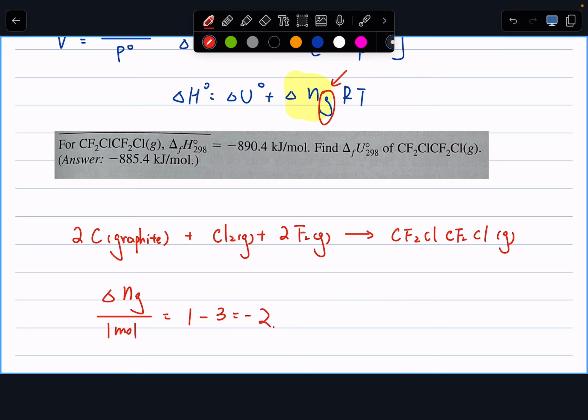We know what R is, and we know what T is, which is 298 Kelvin. It's just plugging numbers to get the final answer. All right, so this takes care of our number 4, which is how to measure delta H of a reaction in a calorimetry experiment.